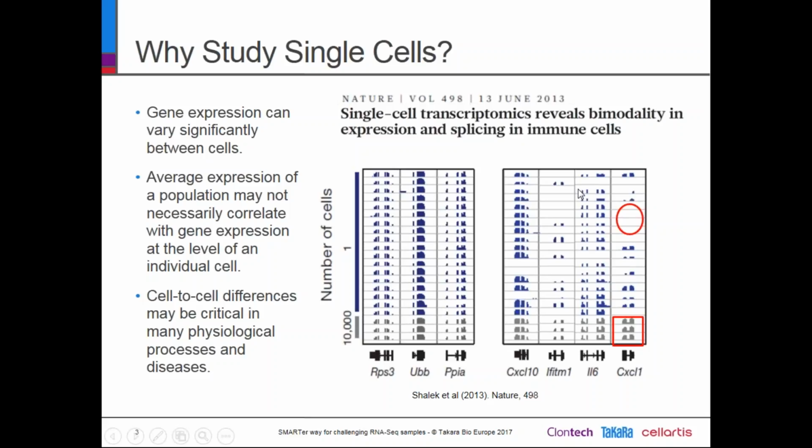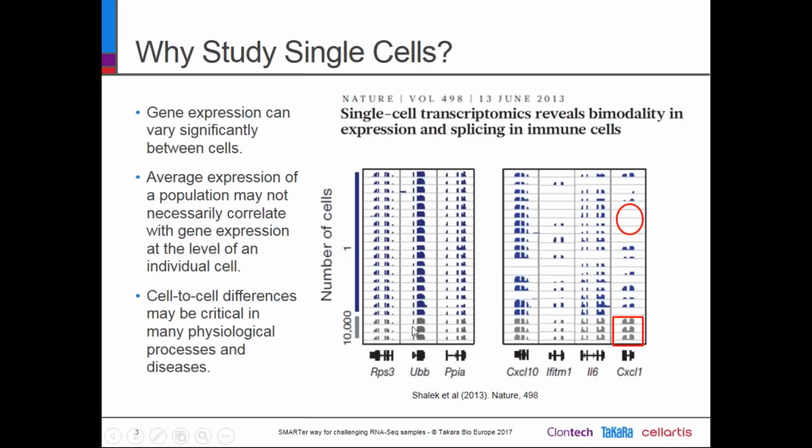the expression of each single cell. So here we see an example of this in a paper in which the authors were interested in evaluating different genes in a bulk population, here 10,000 cells, or different single cells, here shown in blue. You will see that there are two types of genes depending on their pattern of expression.